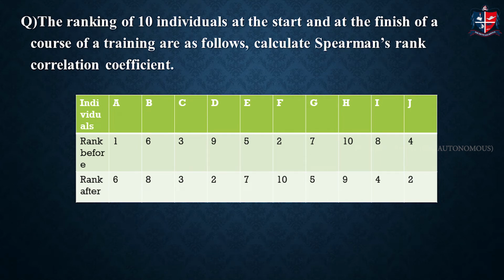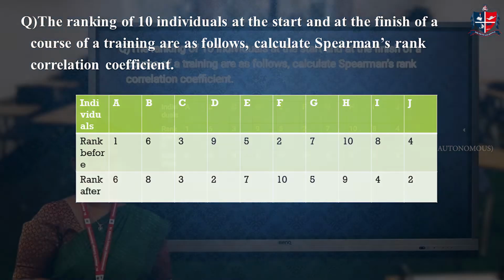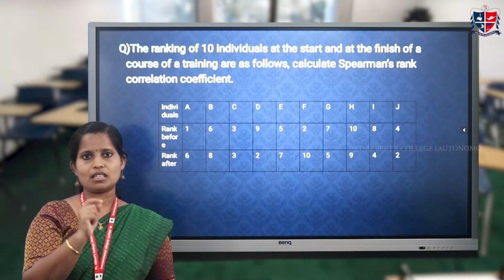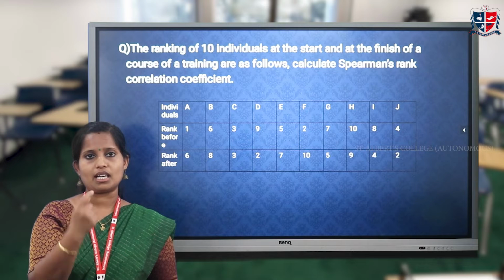Here you can see there are 10 individuals with rank before and rank after data. The question is given with the ranks of the individuals. Individual A has rank 1 before and rank 6 after. These indicate the position or rank of an individual, not the actual marks obtained.